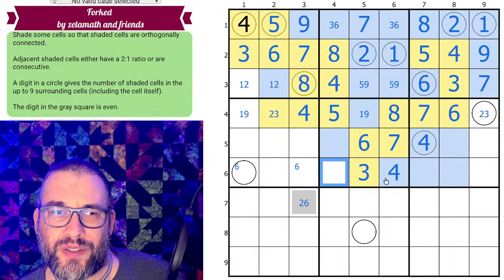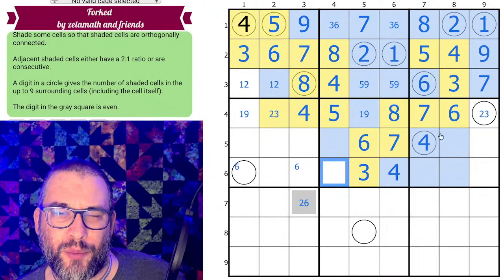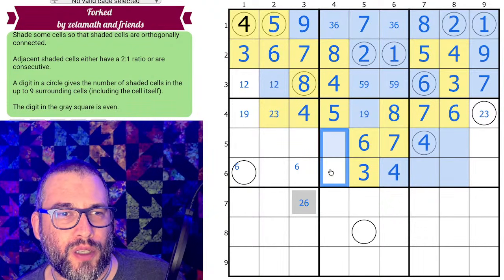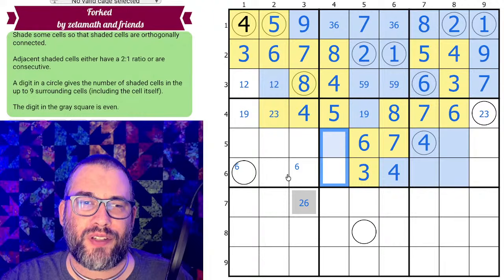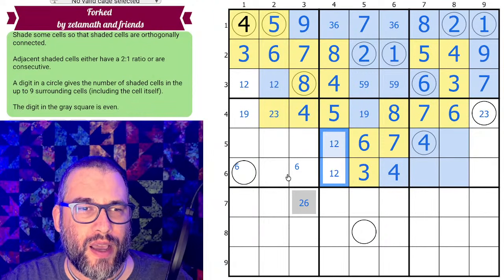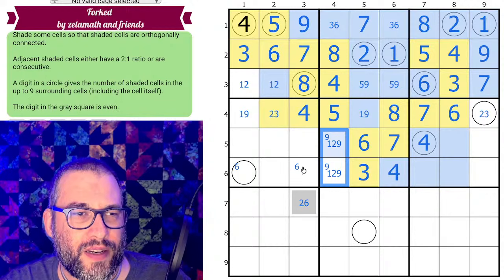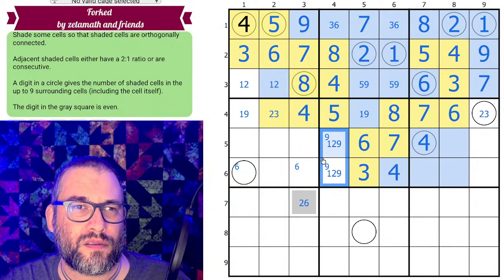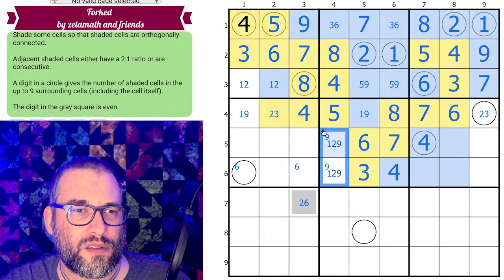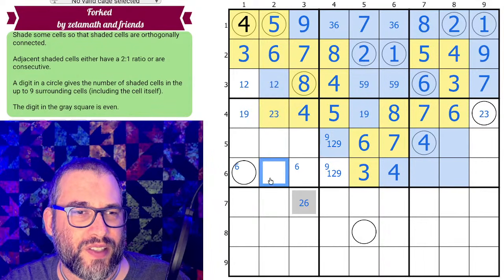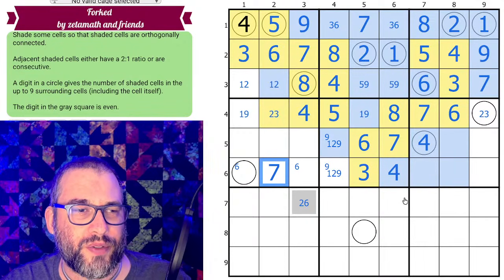The rest of the grid is quite minimally clued. Is there any more Sudoku we can do? There's only 3 things left in this box, which are 1, 2, and 9. One of these is definitely a 9. Jay wants us to place a 7 in row 6, which only goes there.